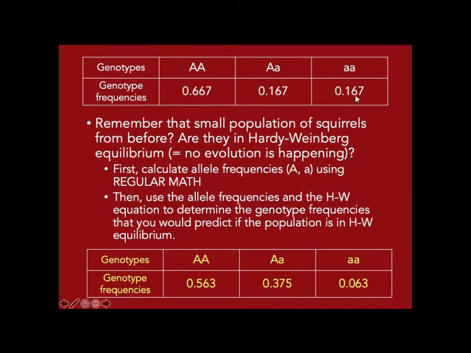And what we actually measured for little a little a was 0.167, and what we predicted was 0.063. So are they the same? No, they're not very close. Yeah, they're not very close, right? We have a lot more homozygotes than we would have predicted, and fewer heterozygotes. Yeah.